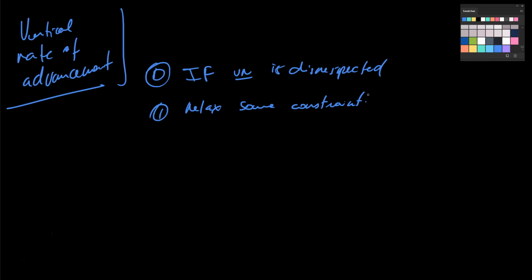But if you have already tried option 1 of relaxing some constraints to see if the vertical rate is being respected or not, you could move to the second point, which is an additional control over the vertical rate.